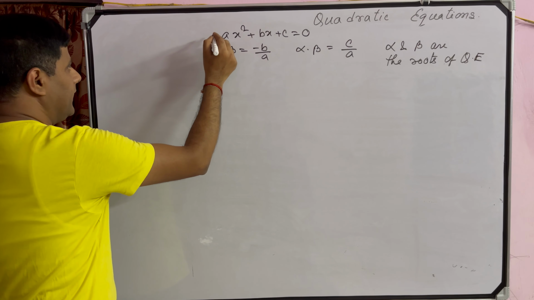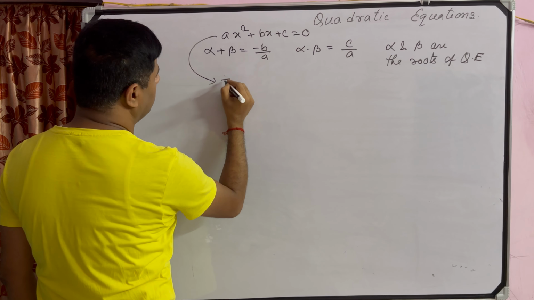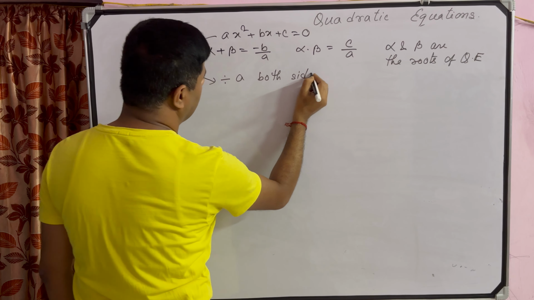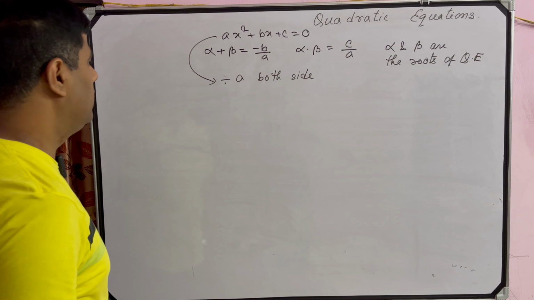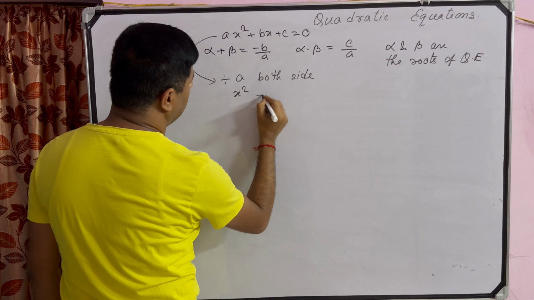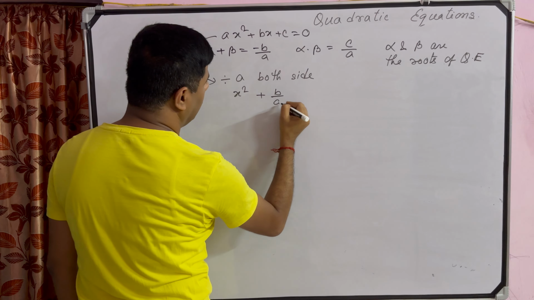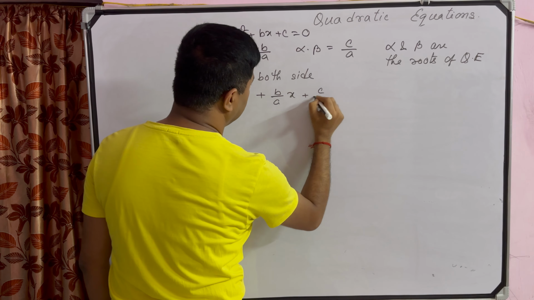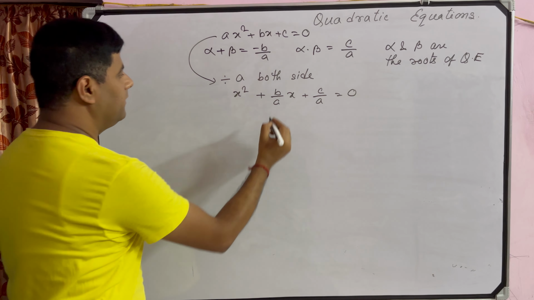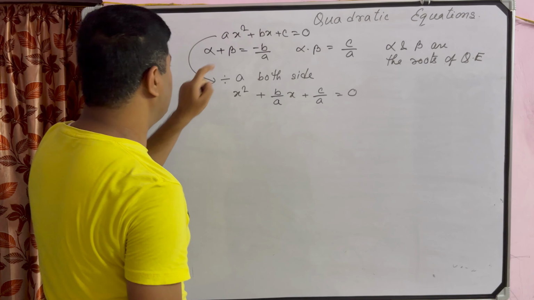Now see what I can do. If I divide by a on both sides, what will happen? It will become x squared plus b by a x plus c by a equals 0. But see, minus b by a is equal to alpha plus beta.